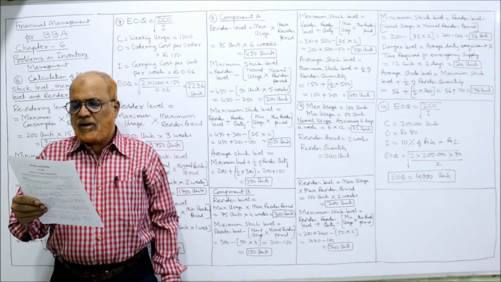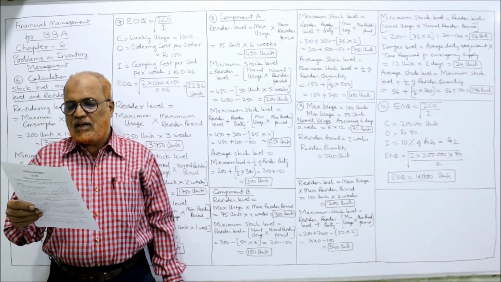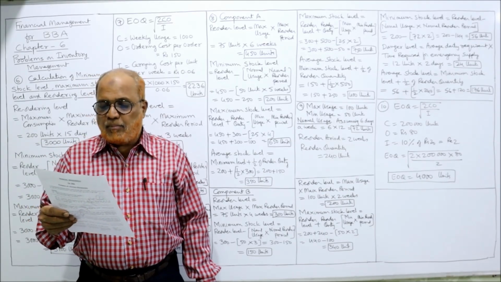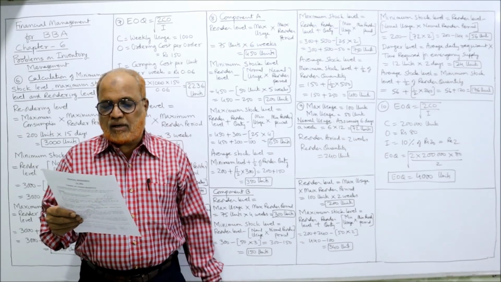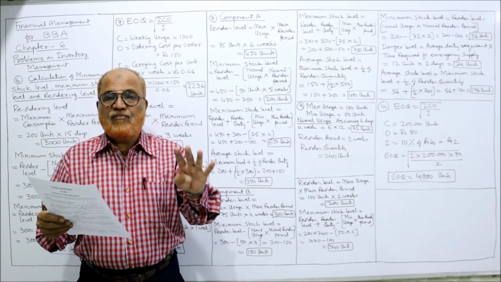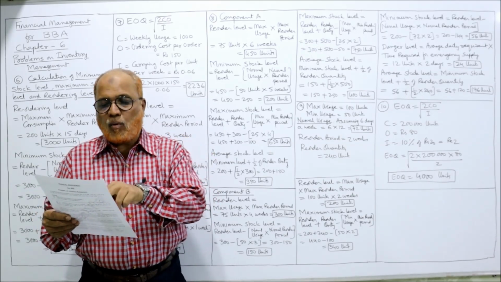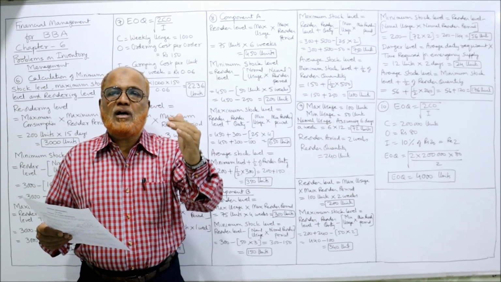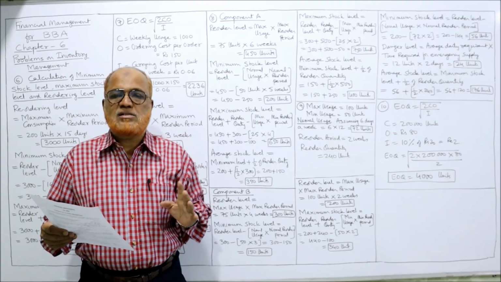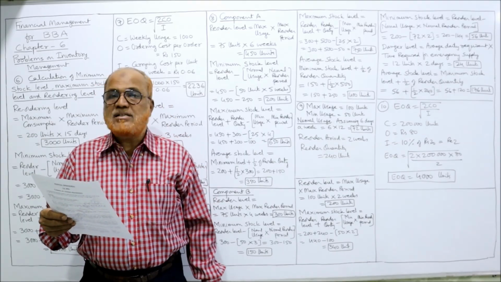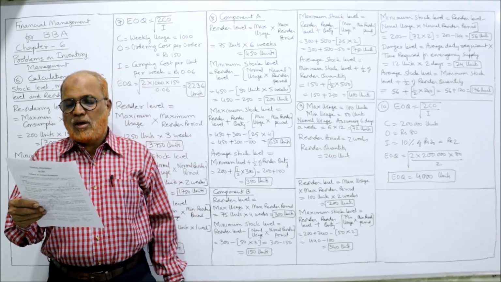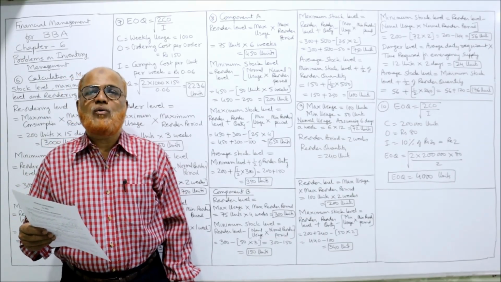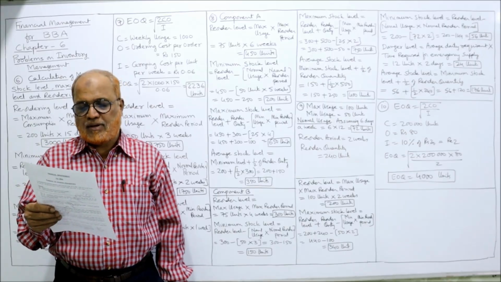Then maximum requirement in a month of 4 weeks is 400 units and minimum requirement in this period is 200 units. That means in 4 weeks the requirement is 400 units. So per week how much? 400 divided by 4, 100 units is the maximum usage, and minimum usage 200 by 4 is equal to 50 units per week.